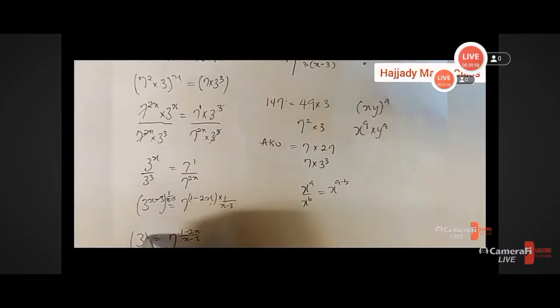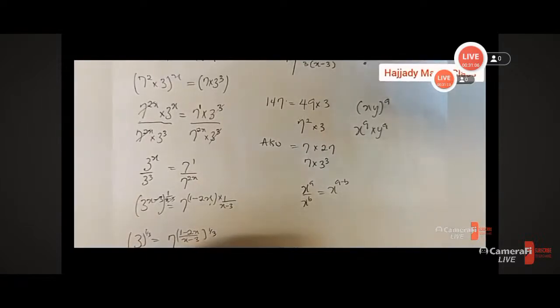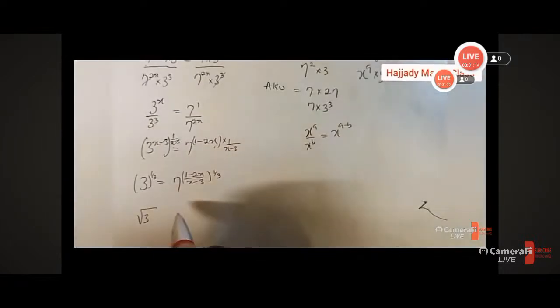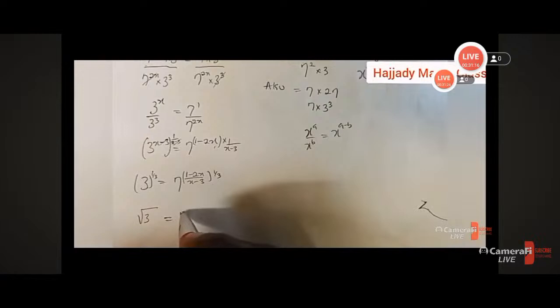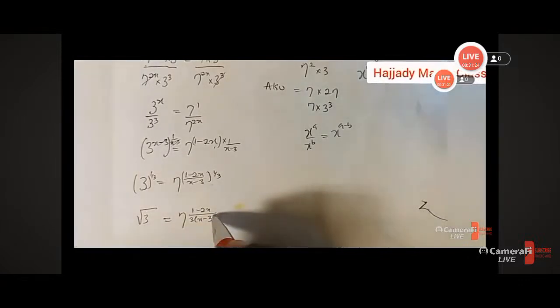So we want to multiply the root of both sides by 1 over 3 again. Here, at the left hand side, we are having the cube root of 3 equal 7 raised to power 1 minus 2x all over 3 into bracket x minus 3.